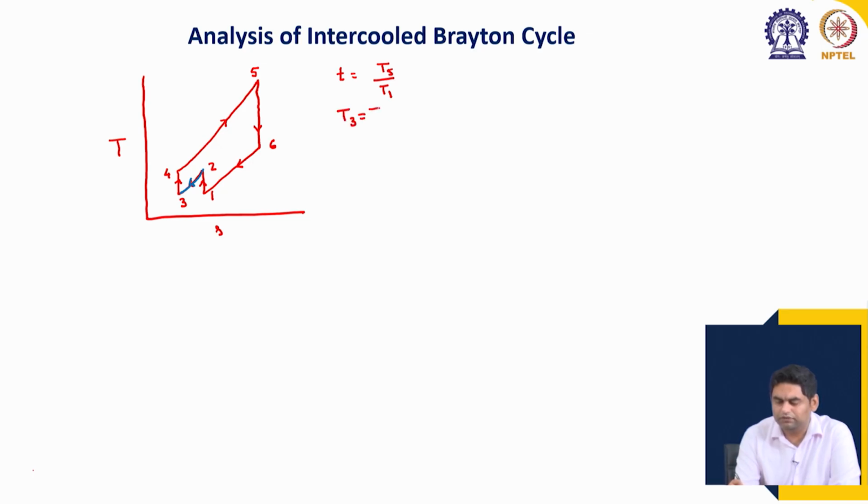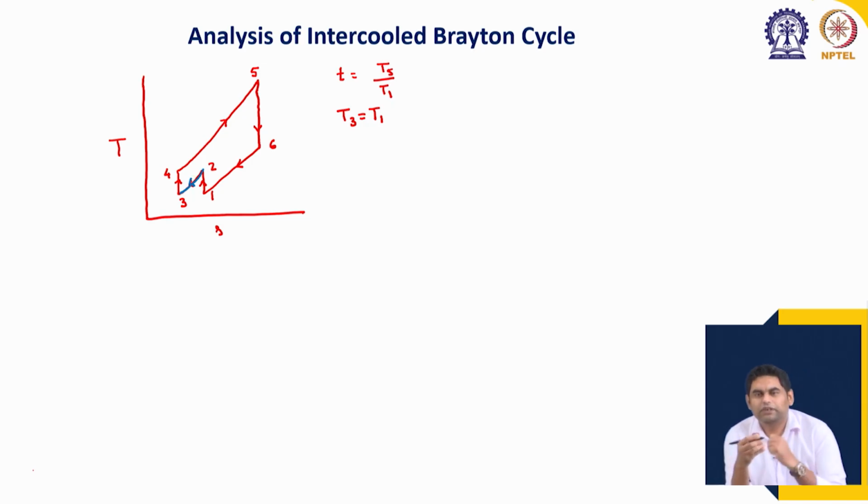Why is T3 equal to T1? Because in the intercooler, the cooling is done by taking water from ambient conditions. It does not make sense to have refrigerated water, which itself will need some work, to use in an intercooler to reduce work, because you already need to supply some additional work there.